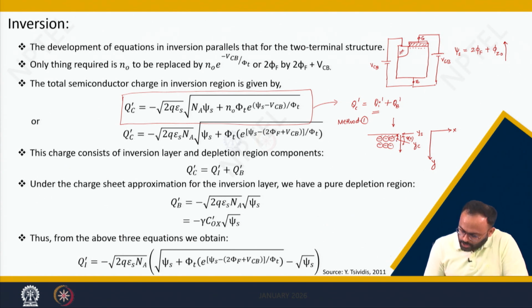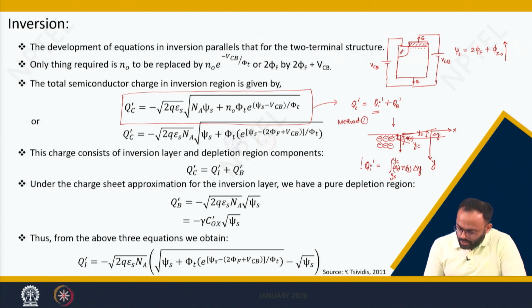So what I can assume is that in between this delta y height, all the inversion charges are there. So if I want to calculate the total inversion charge per unit area, I can simply do the integration between ys to yc of all the charges present in this delta y. So delta y, and consider the ny electrons are there, and I need to multiply with minus q.